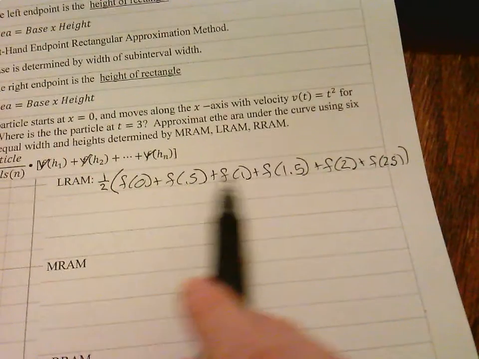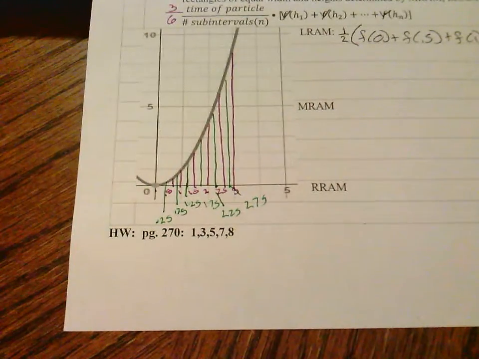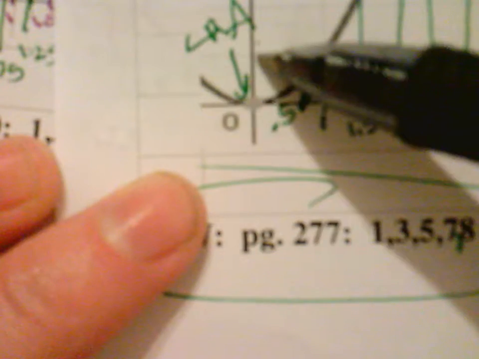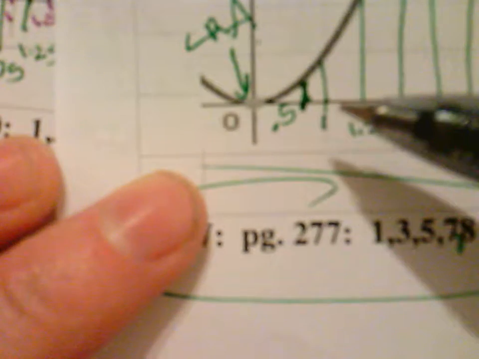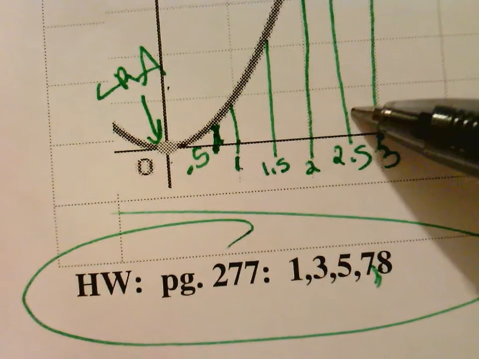Okay, so this is the numbers of what I used. I'm going to use this one from another segment so you can see better. Okay, so this is the furthest left endpoint. This is where you start. So you got f of 0, f of 0.5, f of 1, f of 1.5, f of 2, f of 2.5. Don't count the right endpoint.